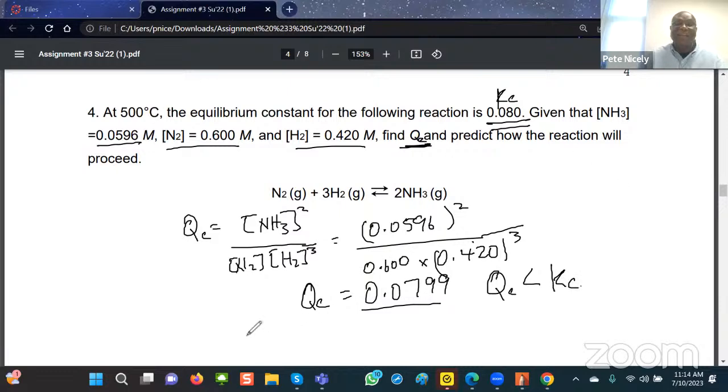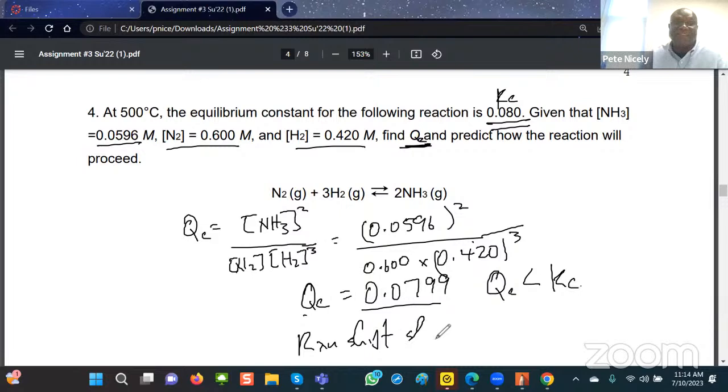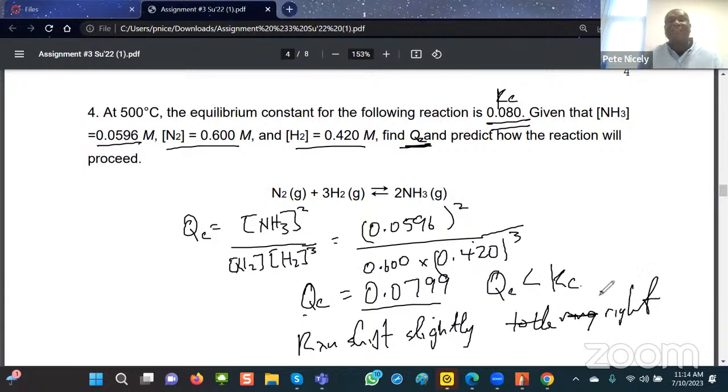It means that the reaction will shift slightly to the right in order to achieve equilibrium. So that's basically what we can conclude based on what we just did.